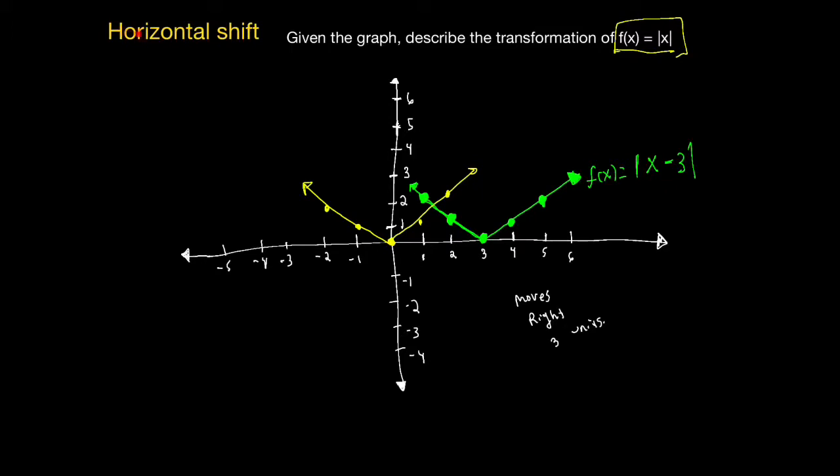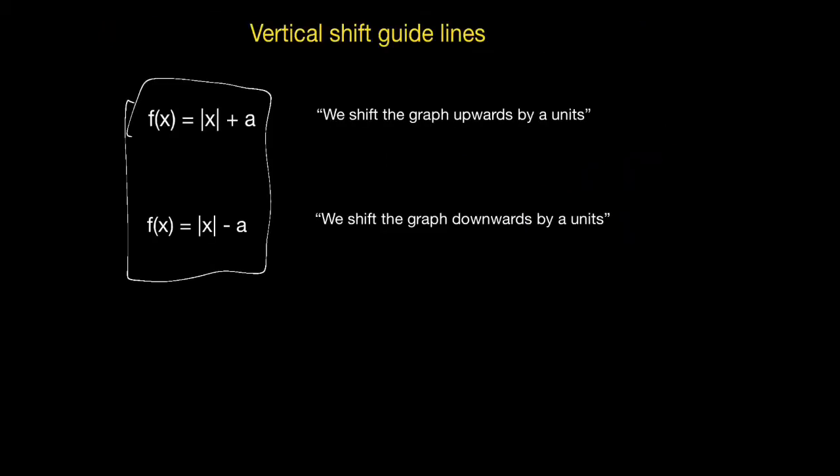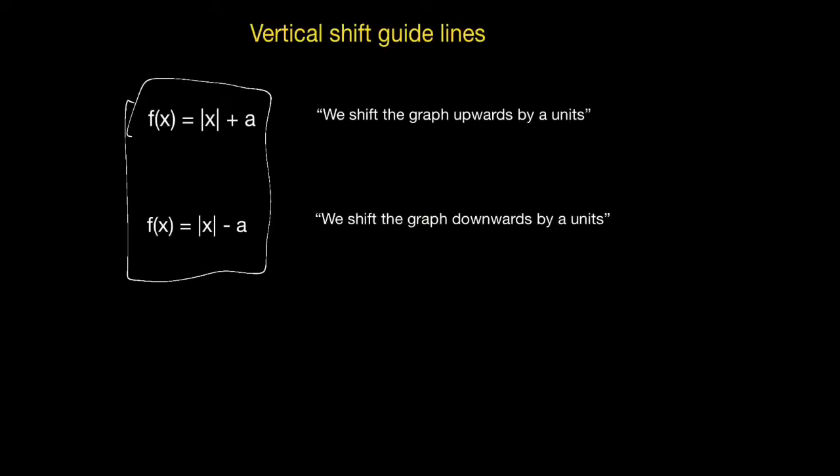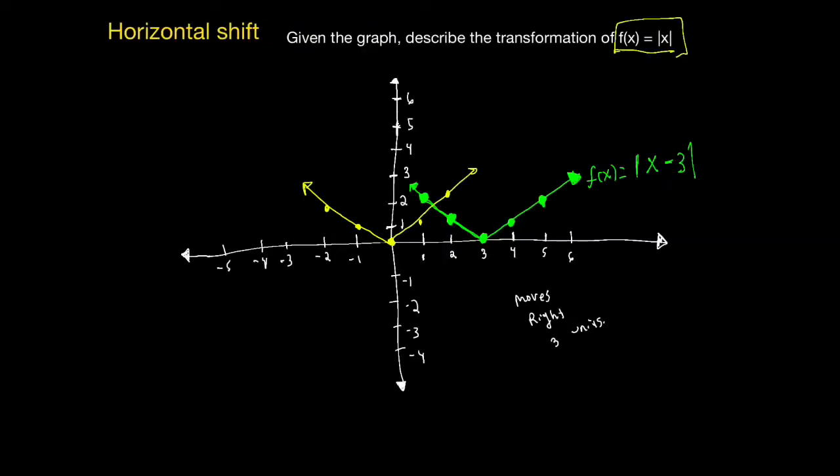That's what happens for horizontal shifts: we're looking inside the parentheses. For vertical shifts, we were looking outside of the parentheses. So again, for horizontal shifts, we tend to do the opposite. If we move to the right, we subtract. If we move to the left, we add.